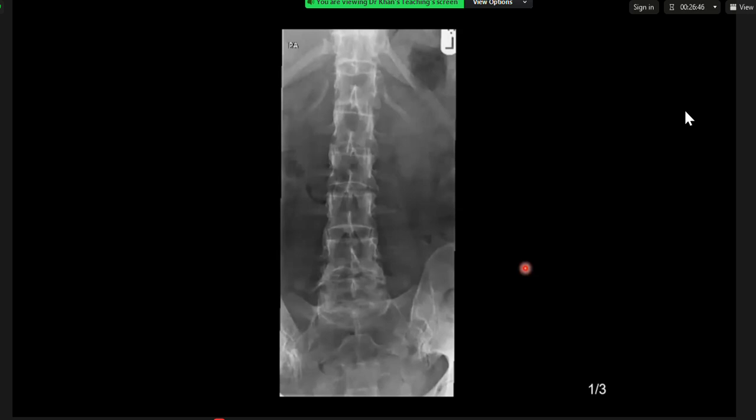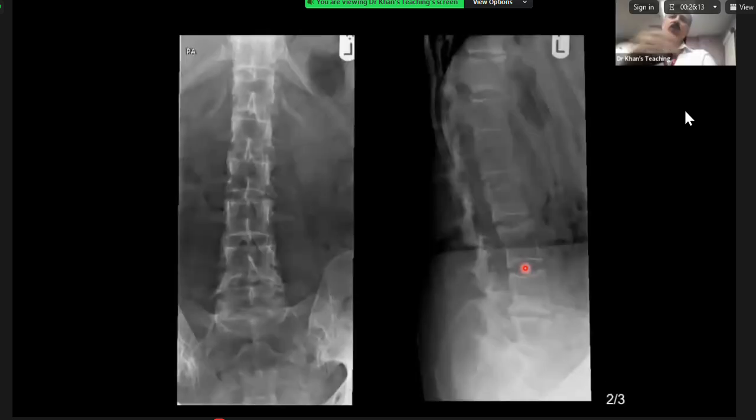I'm just looking to see the pedicles, which I'm finding difficult to see on this AP view. Yeah, I can't see any pedicles at all. And the transverse processes are present. So in summary, this patient has clearly a congenital condition with absence of the pedicles in the lumbar spine.